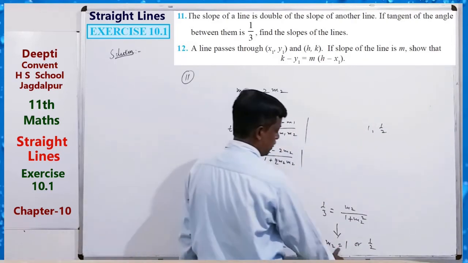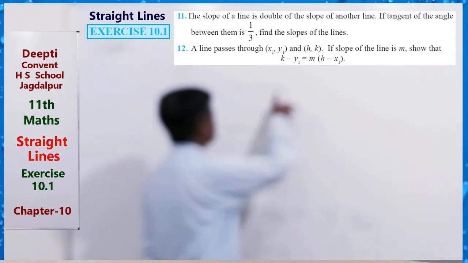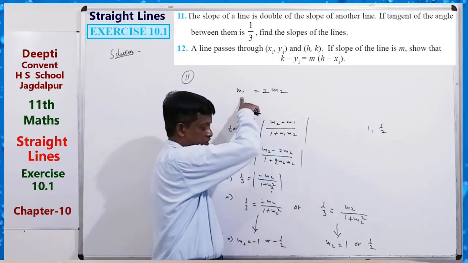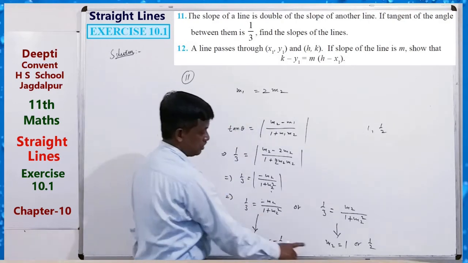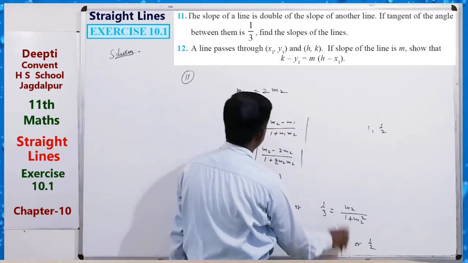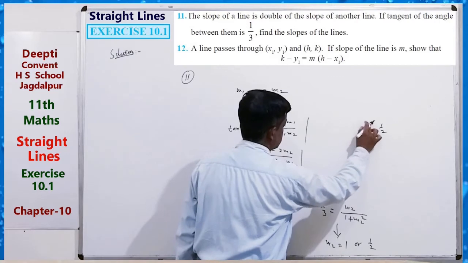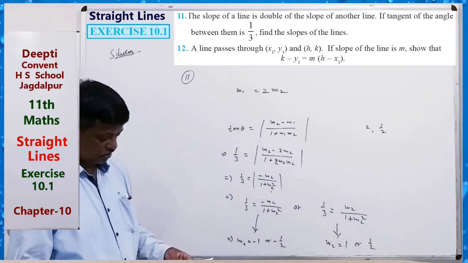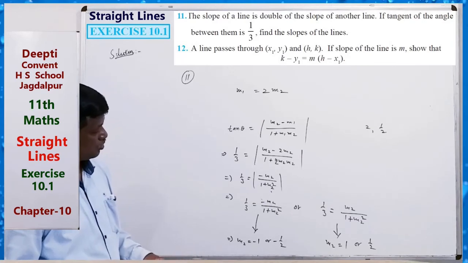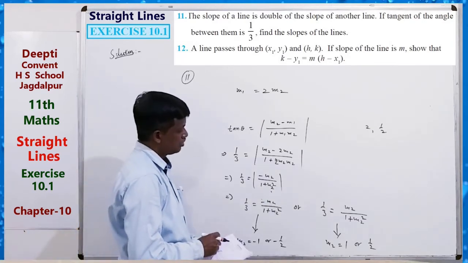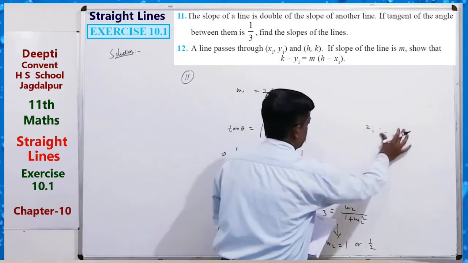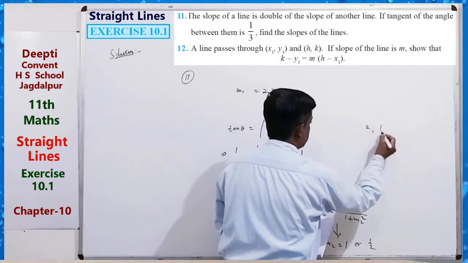If m2 equals half, then m1 equals 1. So m1 equals 2 and m2 equals 1.